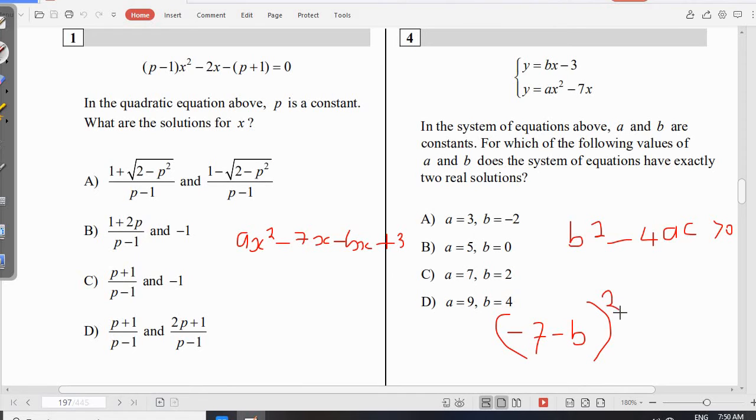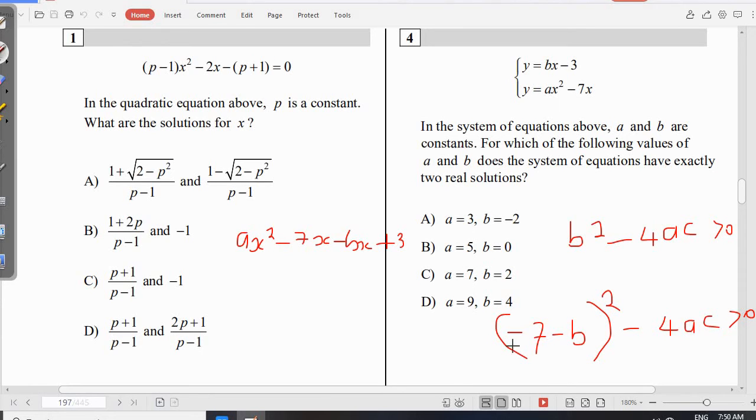That's b squared minus whatever 4ac. That's the discriminant. Whatever we get here must be greater than 0. So we're going to test all these options here: 3 and minus 2, 5 and 0, 7 and 2, and 9 and 4. Whatever we get must be greater than 0.